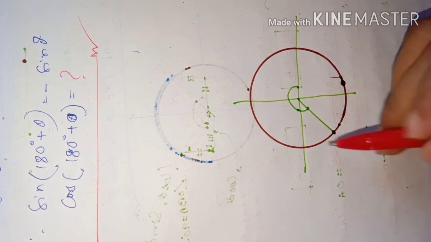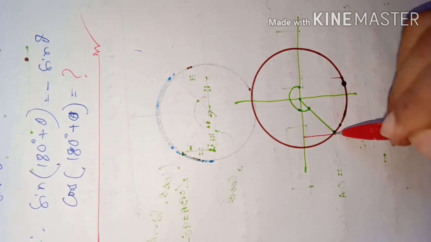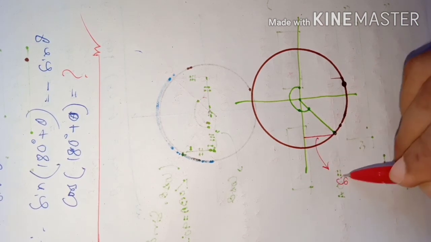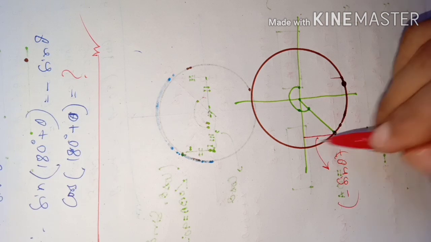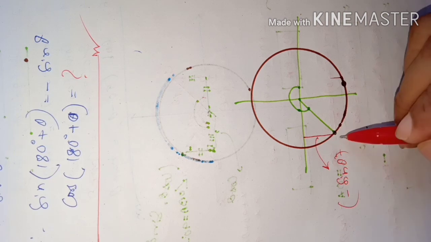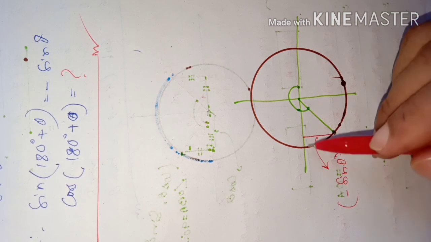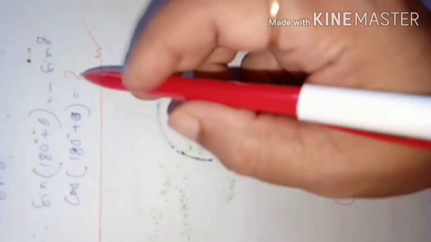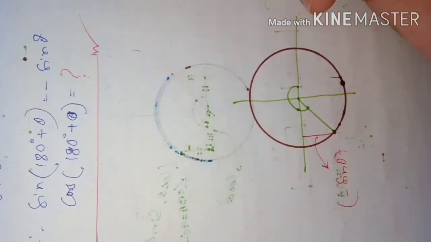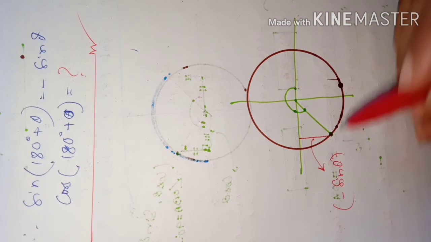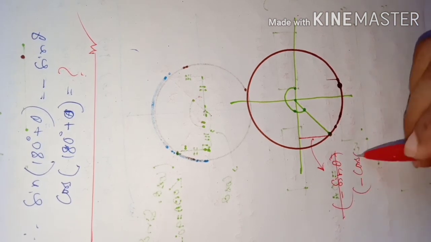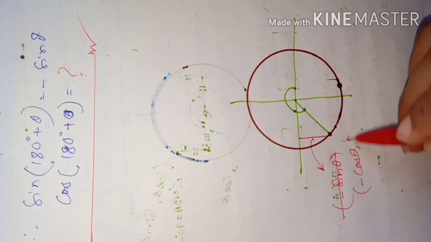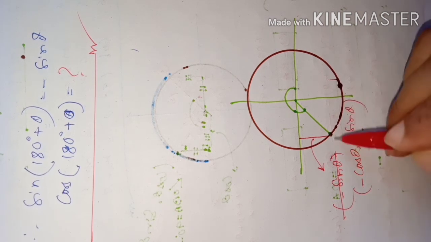That will come out as minus sin theta, because it is parallel to the negative y axis. And cos also will be negative, just guess: minus cos theta. I gave you the clue. So at this point the coordinates will be minus cos theta and minus sin theta.